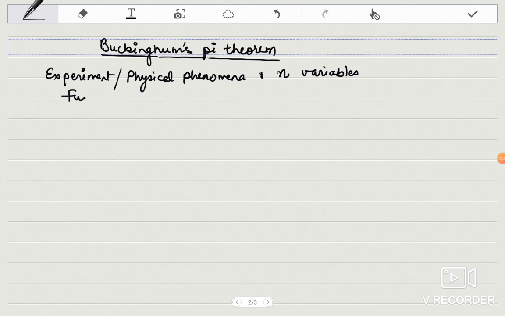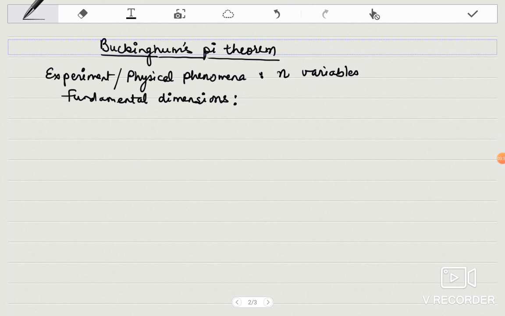Now the fundamental dimensions involved in these variables: each and every variable, like density, velocity, pressure, drag, etc., may be written in terms of fundamental dimensions, which are 5 in number or 7 in number, and in general we use 3 fundamental dimensions, that are length, mass and time.